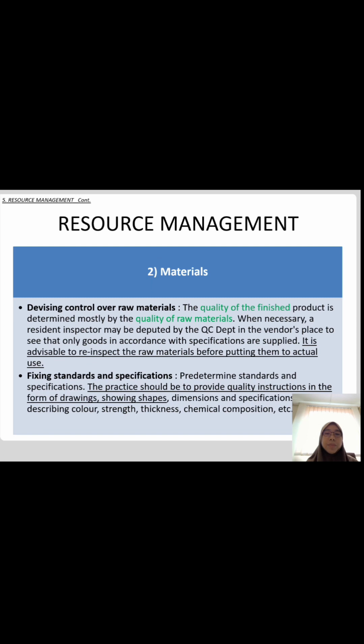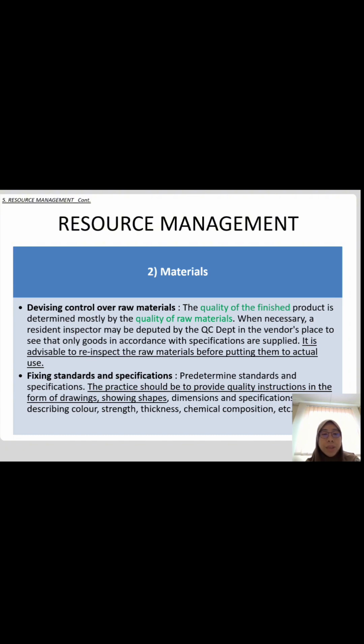Okay, another resource management is materials. Number one that we had done just now for the resource smoothing and also resource leveling is for manpower. Number two is material. So in resource management, we need to devise control over raw material, because the quality of the finished product is determined mostly by the quality of the raw materials.